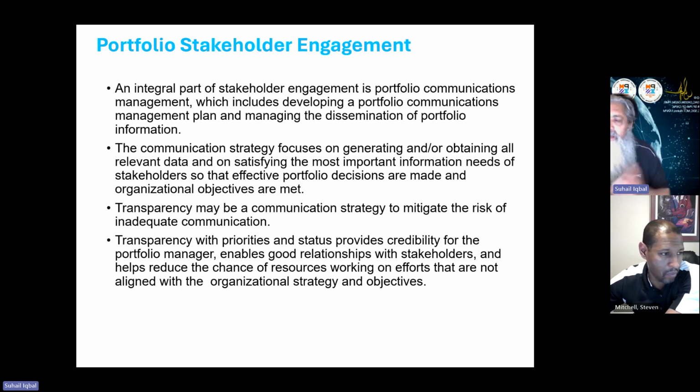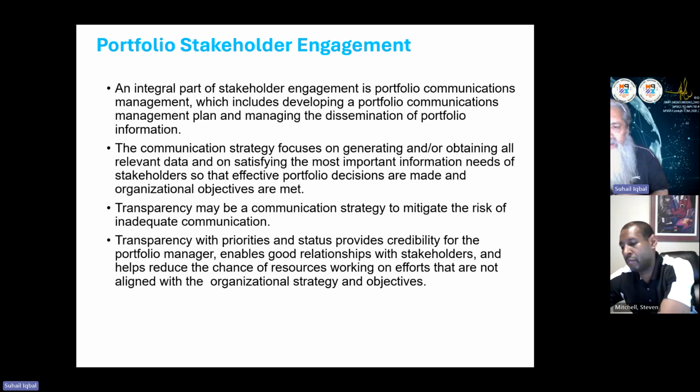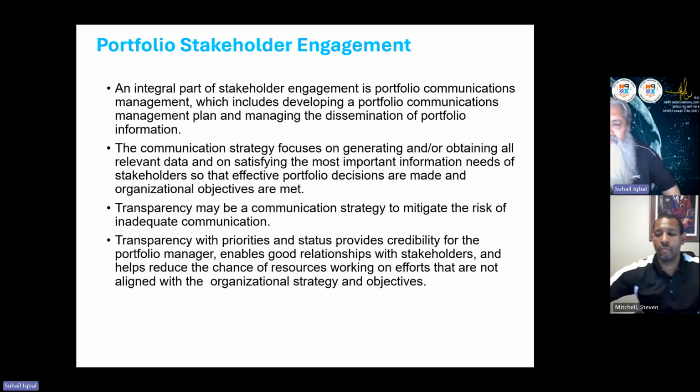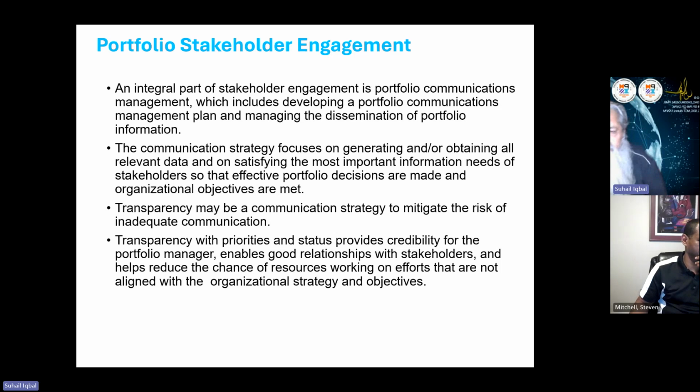All the portfolio level stakeholders, we want to get some relevant information from them, and provide them the important information where required, so that effective portfolio decisions are made and organizational objectives are met. So this is our objective: portfolio decision making and organizational objectives.